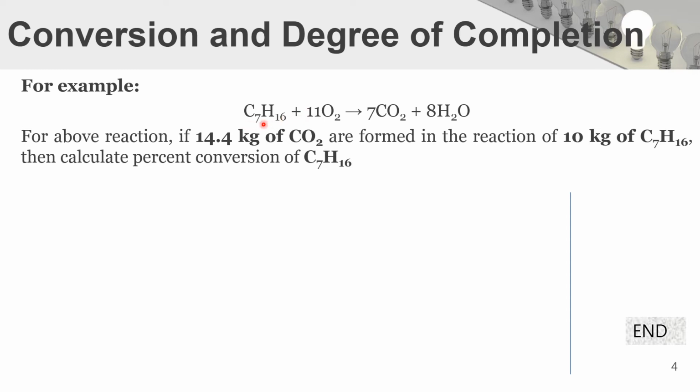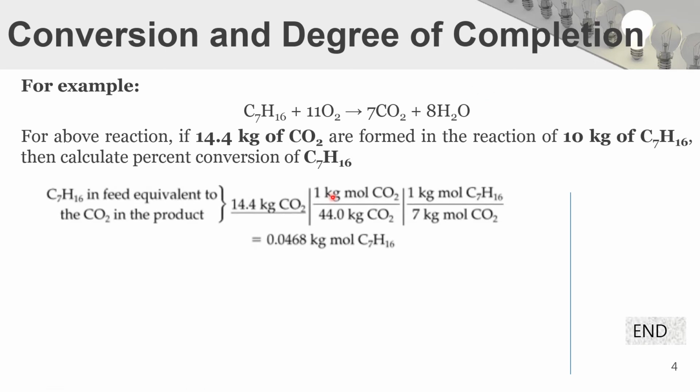So the least amount of C7H16 reacted with oxygen to produce 14.4 kilogram of carbon dioxide. This is one part. The other part says we provided 10 kilogram of C7H16 initially. So we will break down this example into two parts.